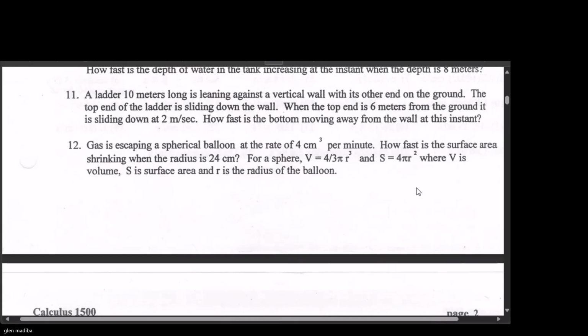When you're saying implicit, it's also going to be the surface area and the radius on the right. It's not just the radius that's changing. Well, the surface area is the one that's shrinking, right?